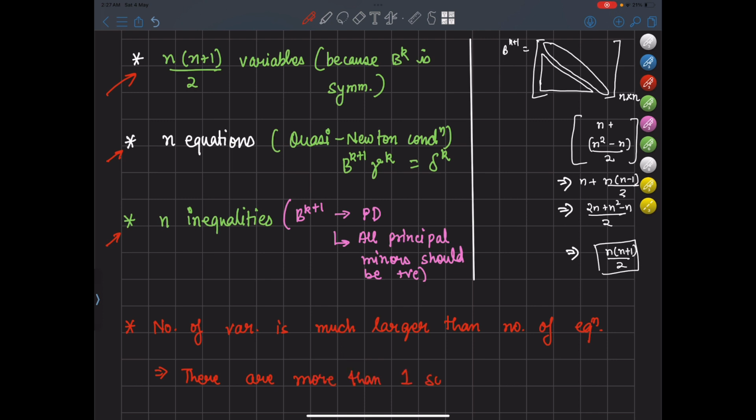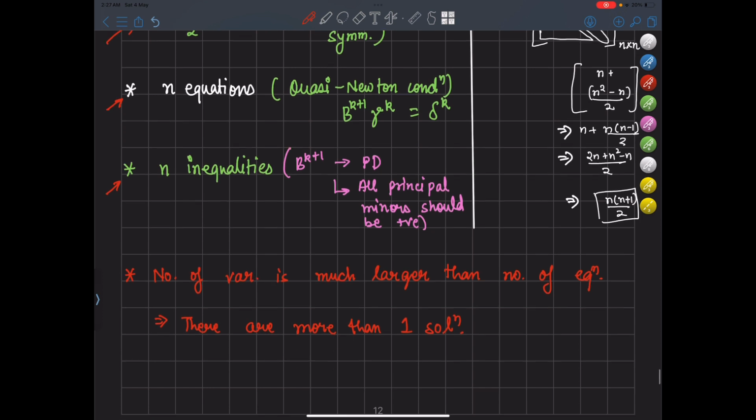So there are many bk plus 1 matrices possible. There are many ways in which we can update bk plus 1, because there are several solutions. There is no unique solution here.